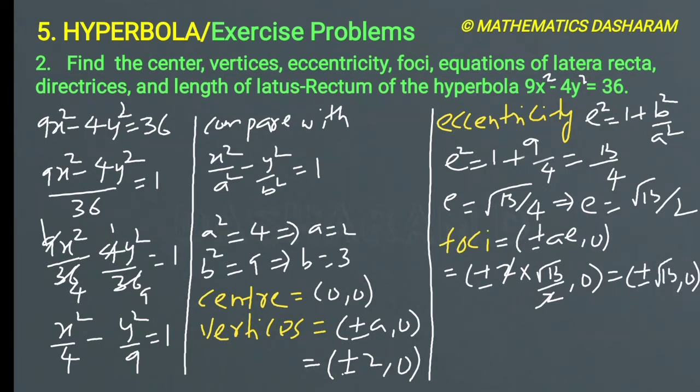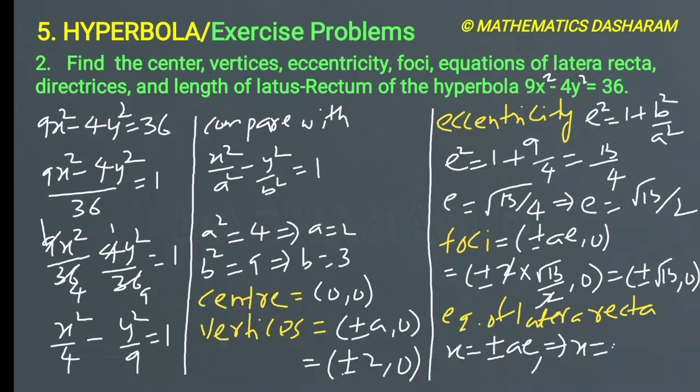Next question is the equation of the latera recta: x equals ±ae. This implies x equals ±, and we just found the ae value, that is root 13.